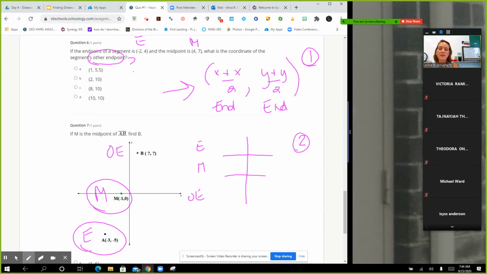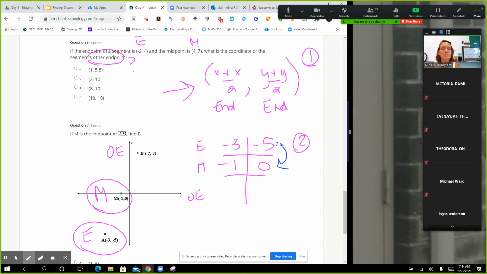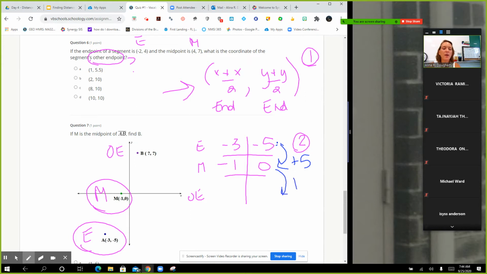So if I put my end here, -3, -5, and the midpoint -1, 0, you want to find the pattern. How do I go from -5 to 0 on a number line? Do I have to add or subtract? We add 5, and then we want to follow that pattern, add 5 more.